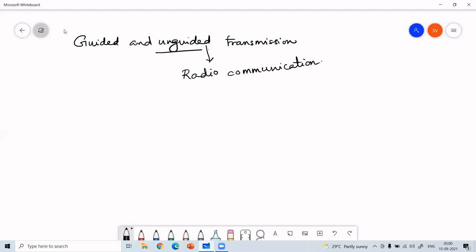While in guided transmission, we use transmission lines or waveguides for power transmission. Example is electric power transmission.